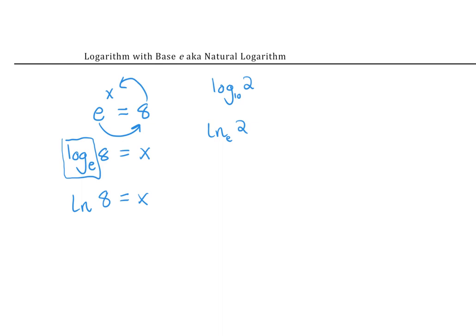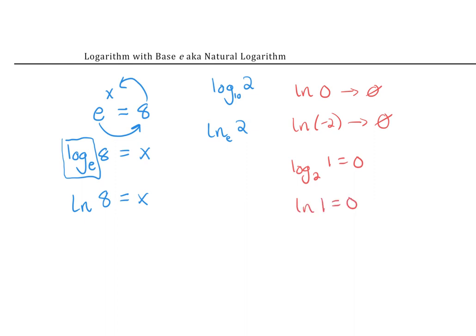Now, with natural log, you just have to remember it's still a log. It has the same properties as other logs. Natural log of 0 is undefined. Natural log of a negative number is also undefined. And just like other logs, the log of 1 in any base equals 0, so natural log of 1 equals 0.